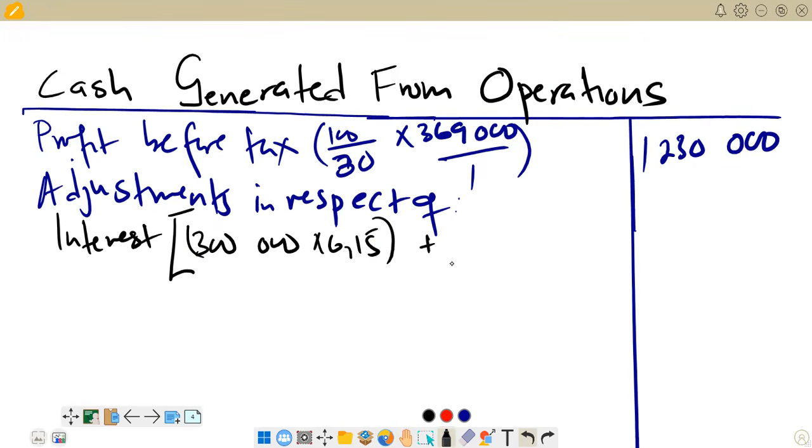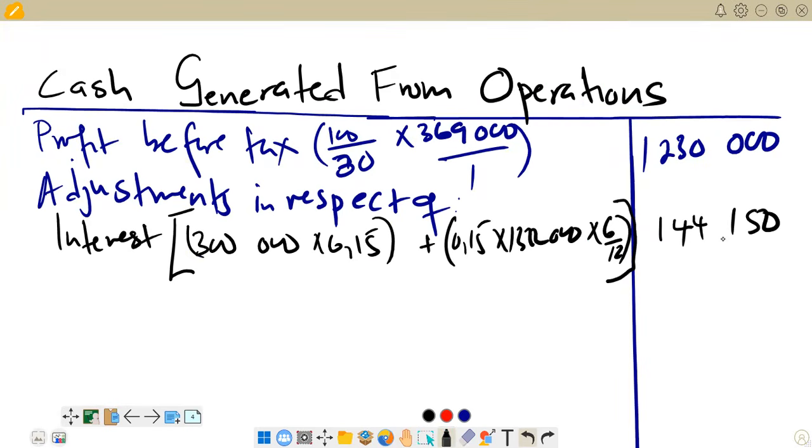And then we added the interest that we got by saying 0.15 times 1,322,000, and then we reduced it to 6 months, 6/12. So this is how we calculated that one. And then we got 144,150. So that's what we got there.